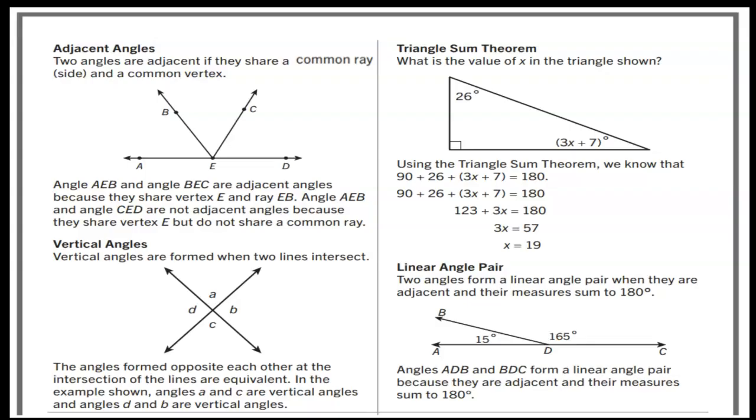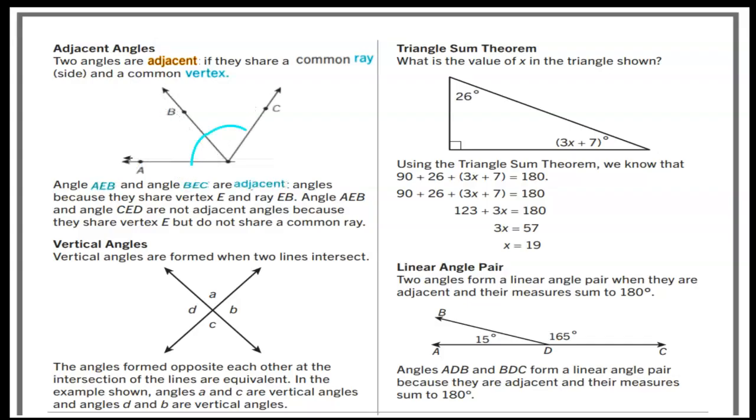Let's start off by talking about adjacent angles. Remember throughout this lesson to highlight and color important information that you see me highlight and color throughout the video. Adjacent angles: two angles are adjacent if they share a common ray and a common vertex.